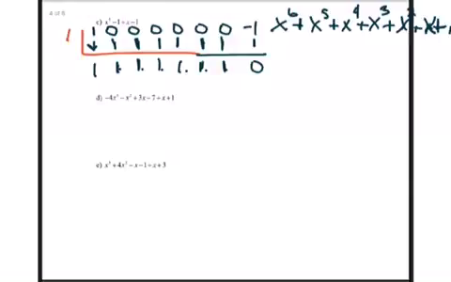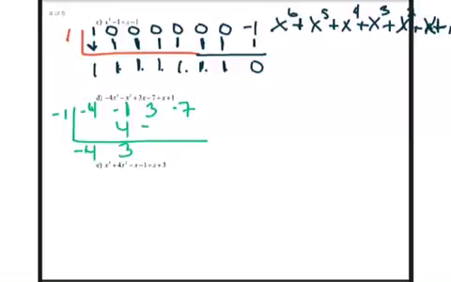I'm going to synthetically substitute negative 1. I've got negative 4 as my leading coefficient, and then the 3rd, 2nd, 1, none, so I don't have any missing terms in this case. I'm going to drop the negative 4, multiply, add, multiply, add, multiply, add.